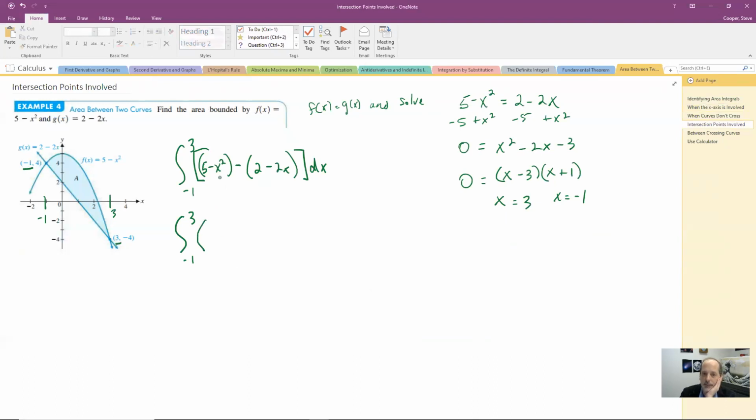So we end up asking for the integral from -1 to 3 of 2x plus 3 minus x squared dx.